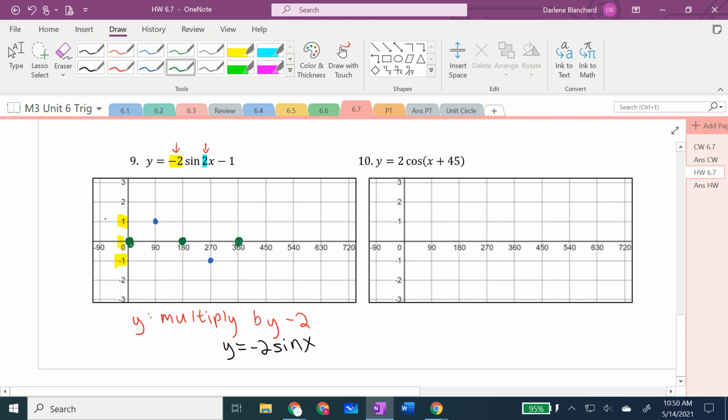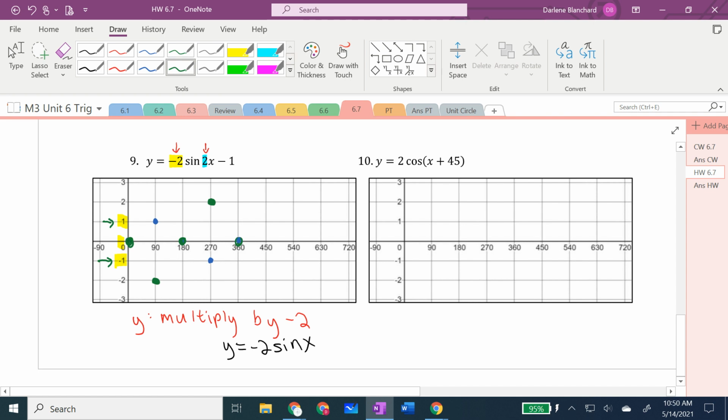But everywhere that my y value is 1, I'm multiplying by -2, and that is going to stretch it and flip it over the x-axis when I multiply 1 by -2. Then I want to multiply -1 by -2, and that will take me to a +2. So this point is going to stretch and flip over the x-axis.